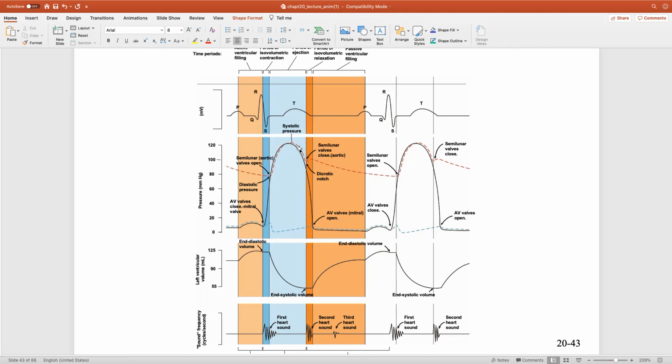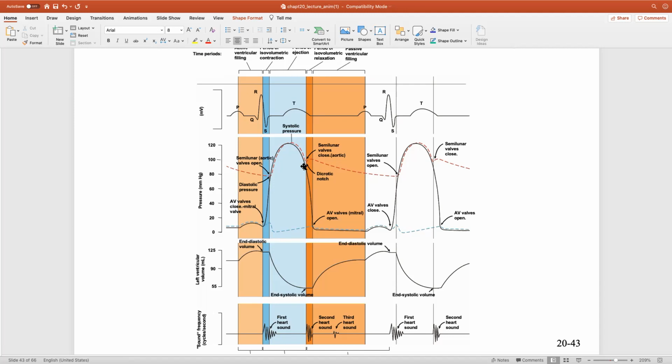Eventually, though, the recoil of the aorta creates a pressure that exceeds the pressure of the relaxing left ventricular muscle. The recoil pressure, the resistance pressure in the aorta, is just like a rubber band: the more you stretch it, the more it wants to recoil.